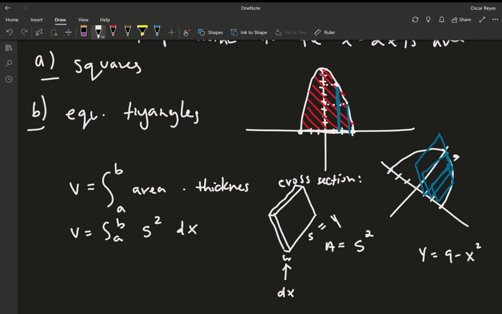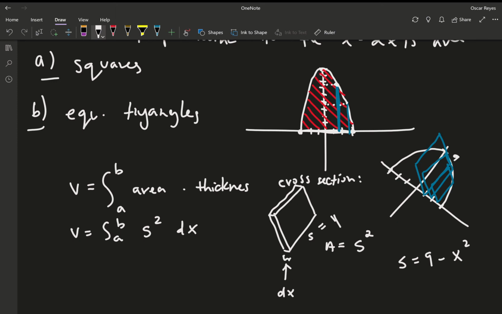And if we go back to our equation, we know that y equals 9 minus x squared. So we can use this to substitute it for y, and we can use this to substitute it for s. So if we know that s equals y, we know that s equals 9 minus x squared, right?